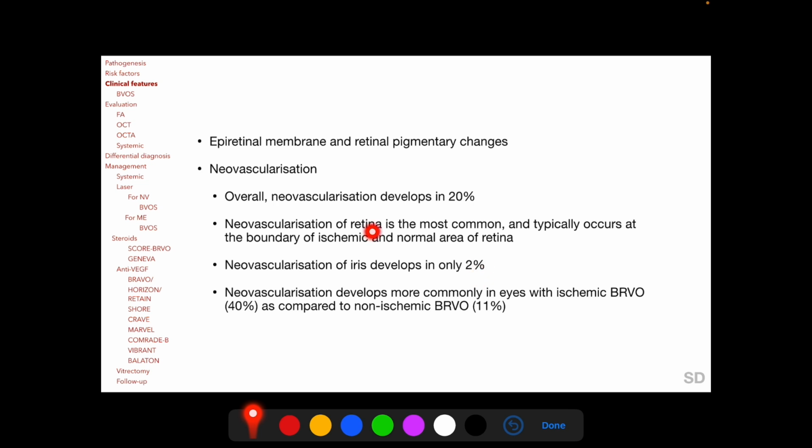Neovascularization of the retina in eyes with BRVO typically occurs at the junction of ischemic and non-ischemic areas of the retina, and as we have discussed, neovascularization develops more commonly in eyes with ischemic BRVO as compared to eyes with non-ischemic BRVO. So we may note here that whereas neovascularization occurs most commonly in the anterior segment in eyes with CRVO, neovascularization occurs most commonly on the retina in eyes with BRVO.